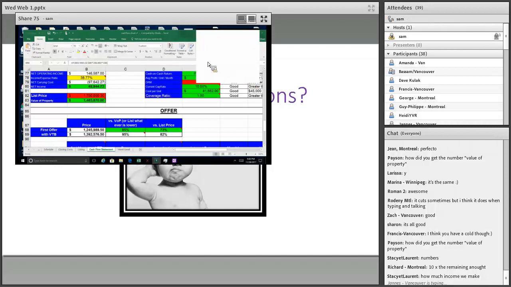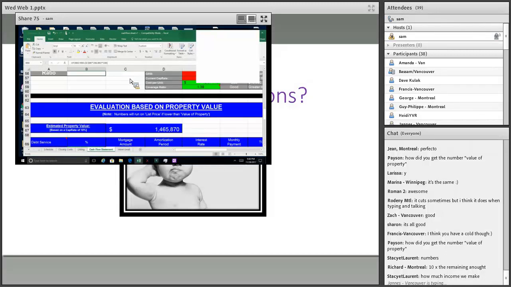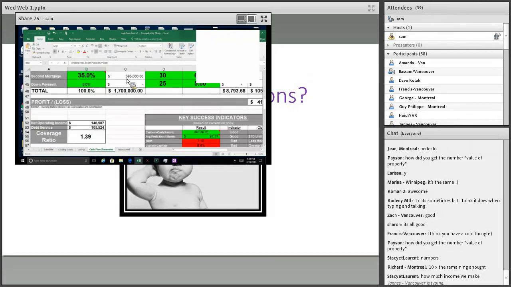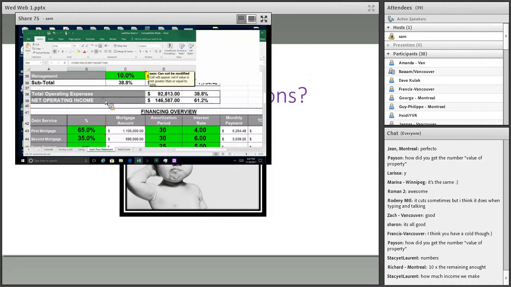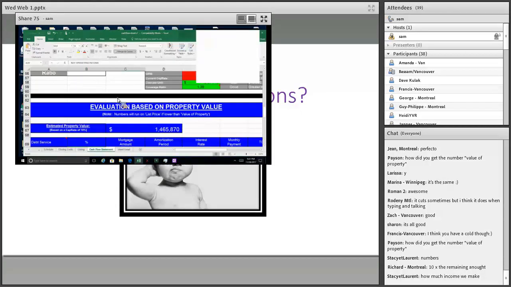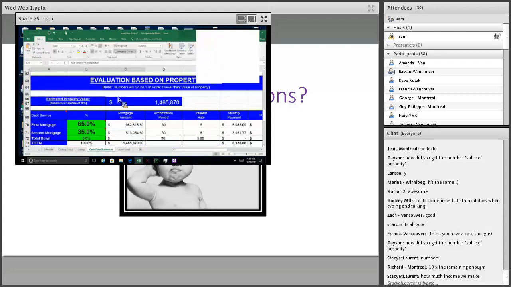I'm just going to elaborate a little bit. All value of properties is derived from net operating income. If the net operating income isn't why we're evaluating a property, then we feel that's dangerous, right?